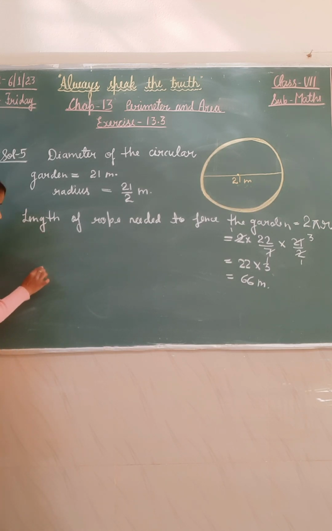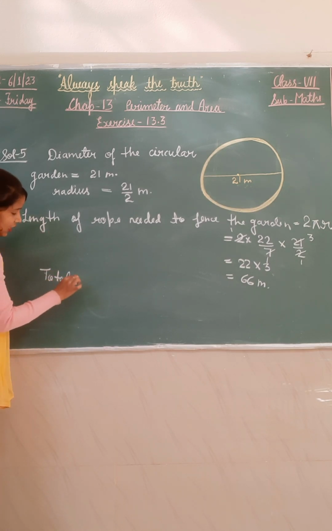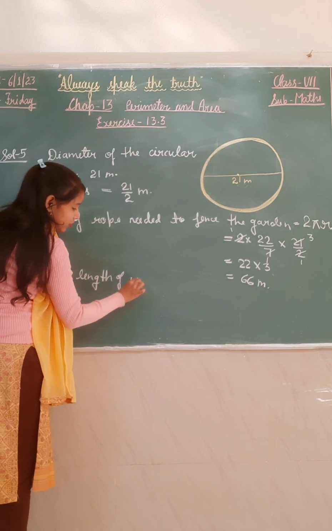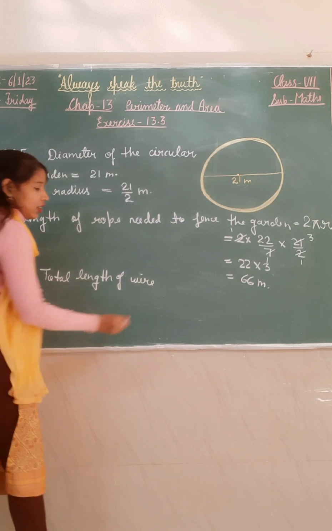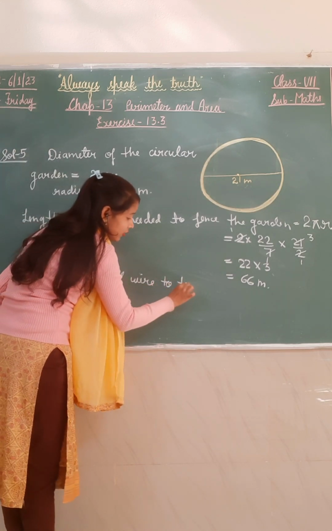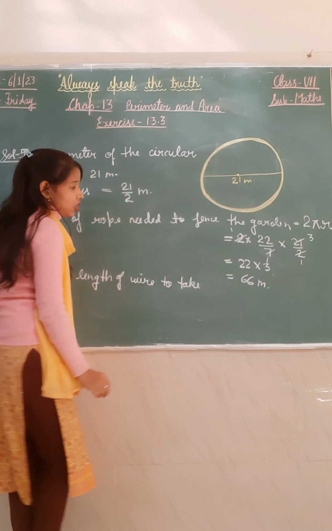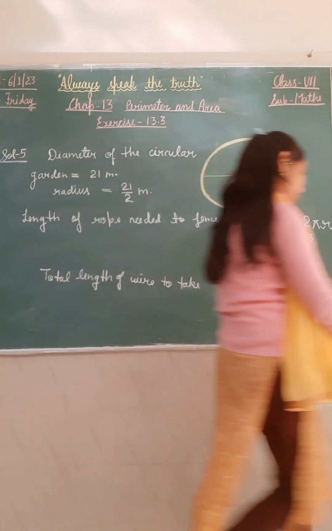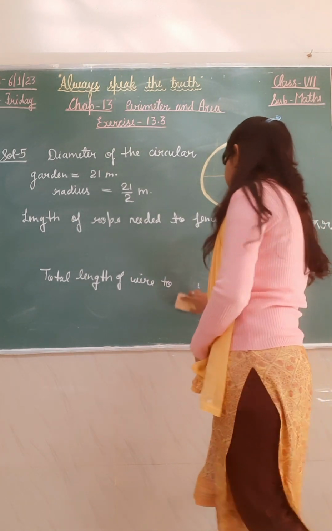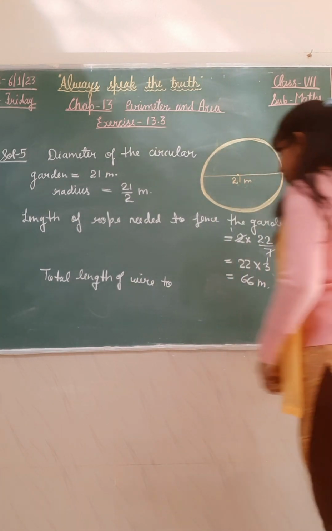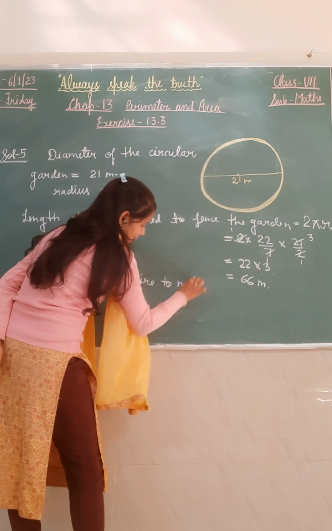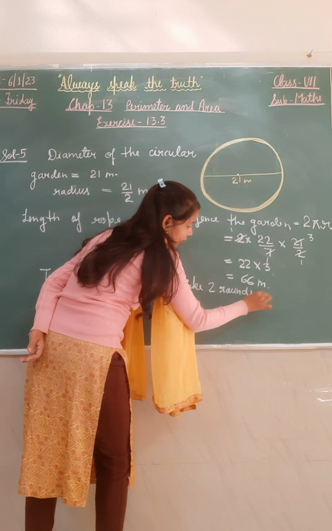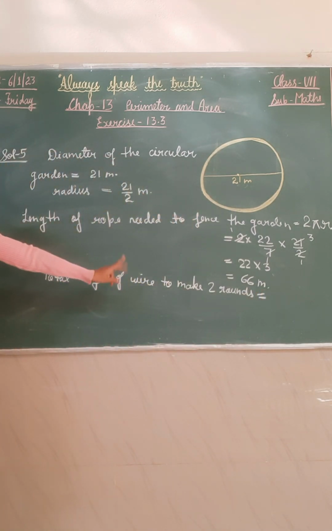Total length of rope to make 2 rounds is equal to, we will multiply the perimeter by 2.